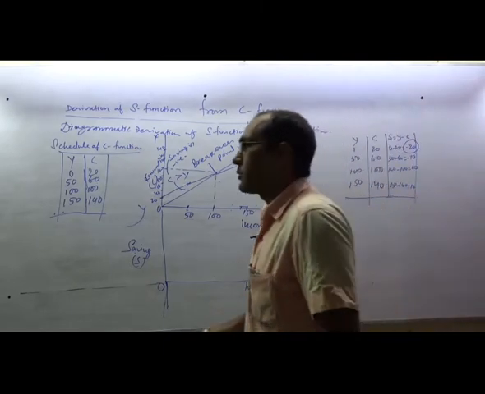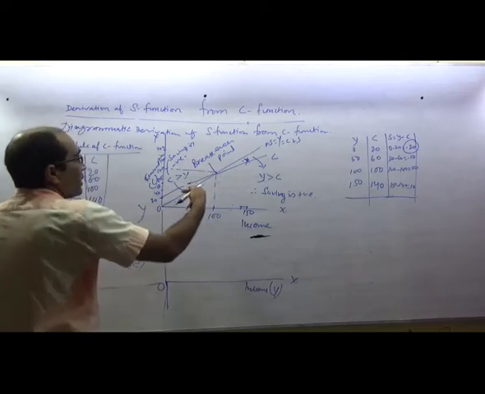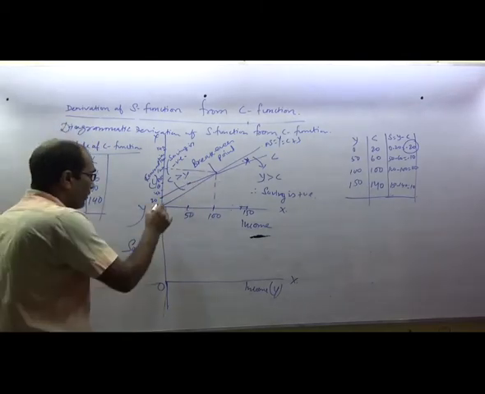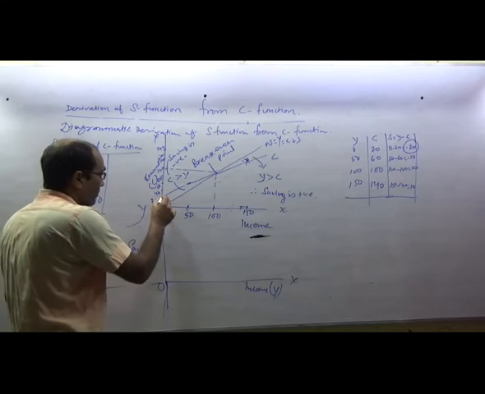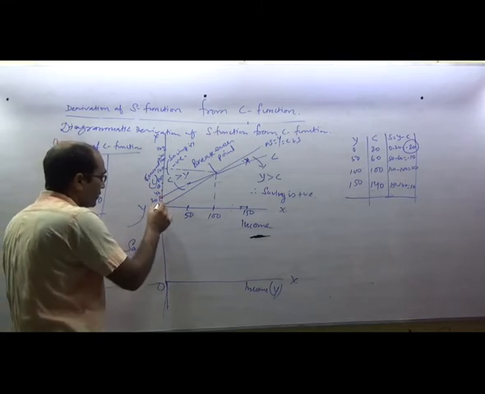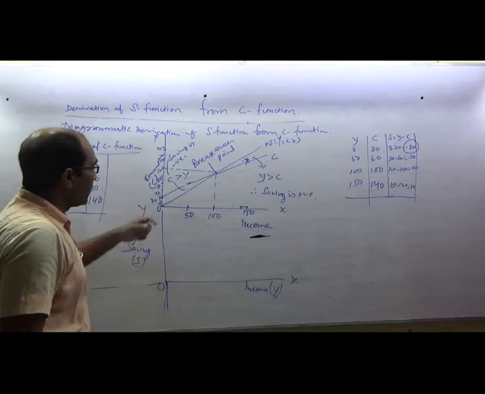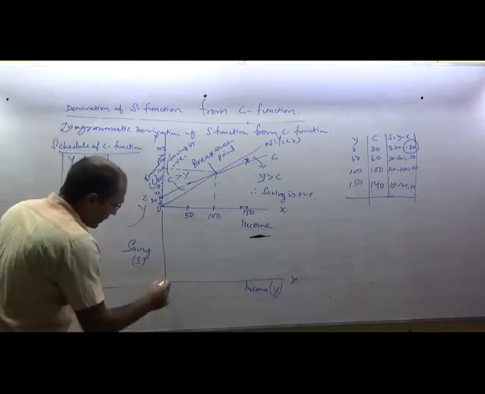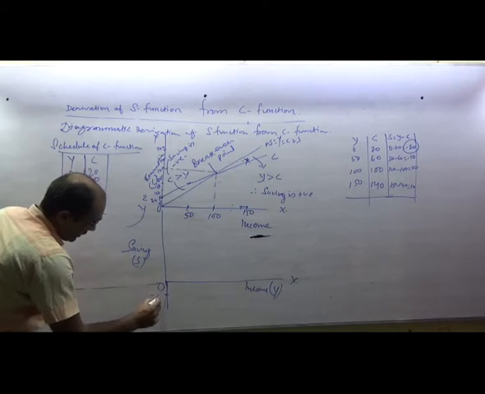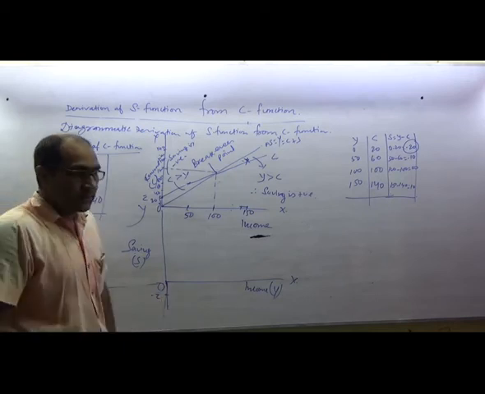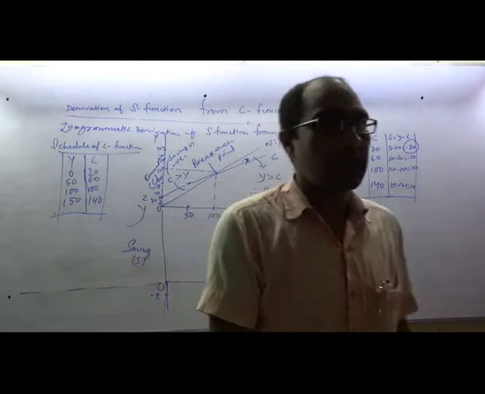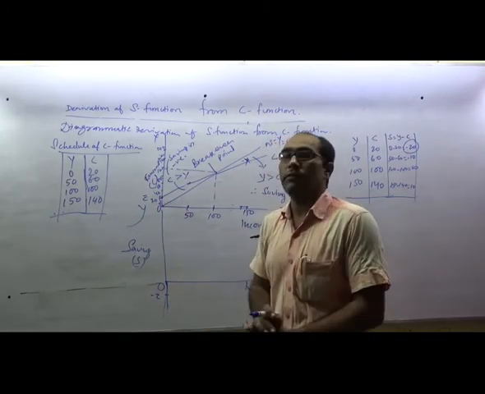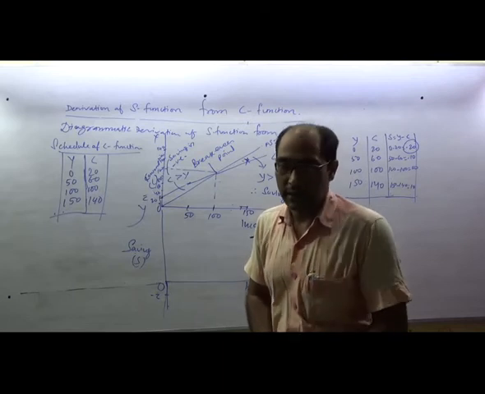If you wish to derive the diagram directly from the diagram of C, measure the area between two at the level of autonomous consumption. It's here, bar on C. Take the same value, negative bar on C. Means you have to take the value of bar on C along with the negative side of the y-axis region.